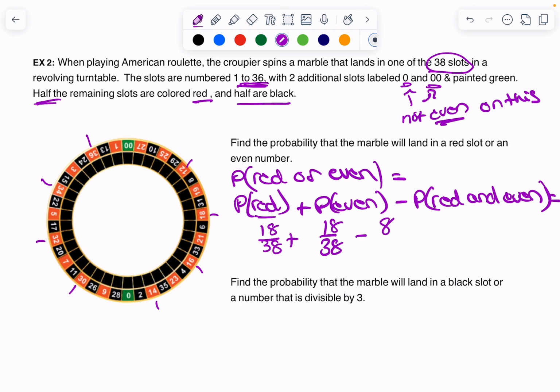Now, hold on a second. 1, 2, 3, 4, 5, 6, 7, 8, 9, 10, 11, 12, 13, 14, 15, 16, 17, 18. Yes, there are 18.